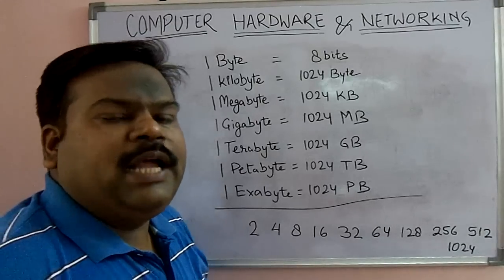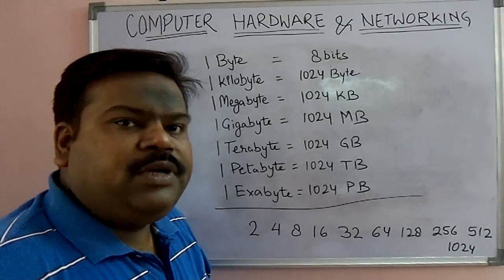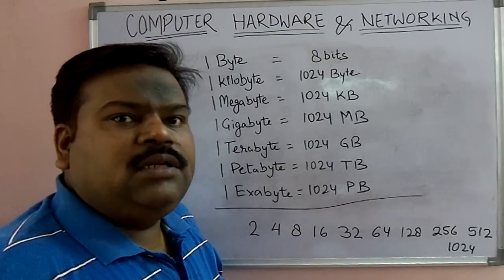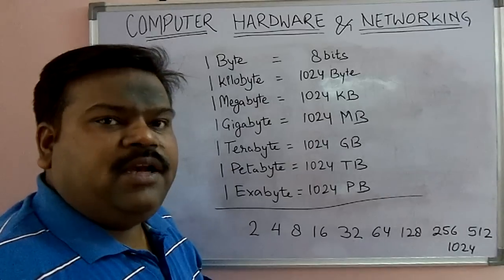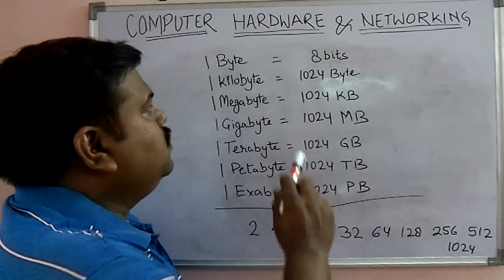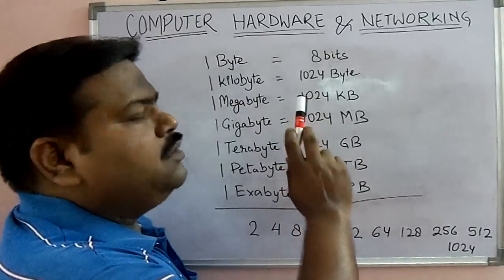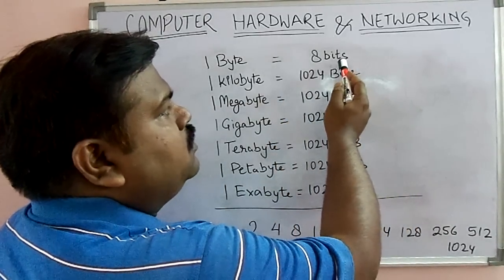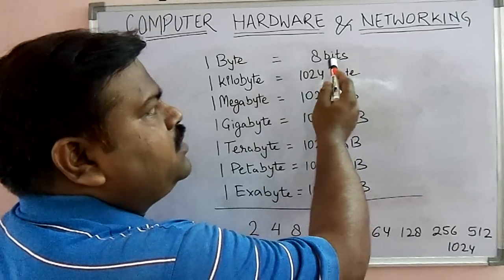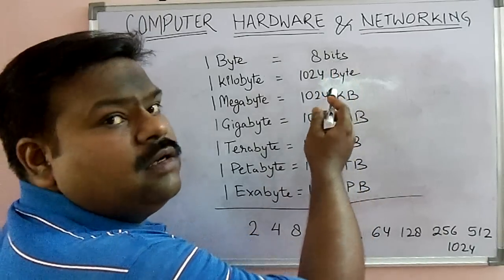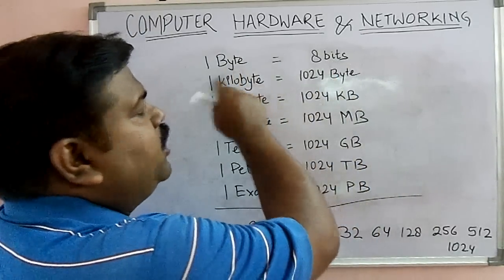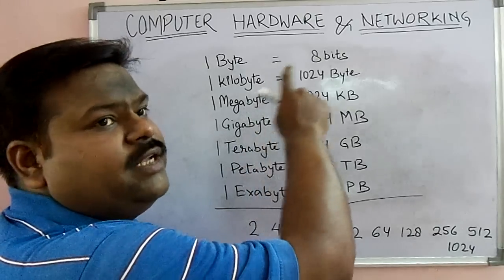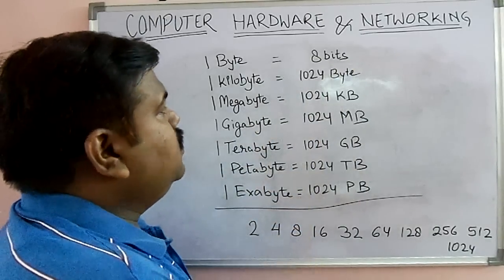Now, as we know, our computer understands the digital binary number system, that is 0 and 1. Our 8 bits when combined become 1 byte. 1 byte is equal to 8 bits.